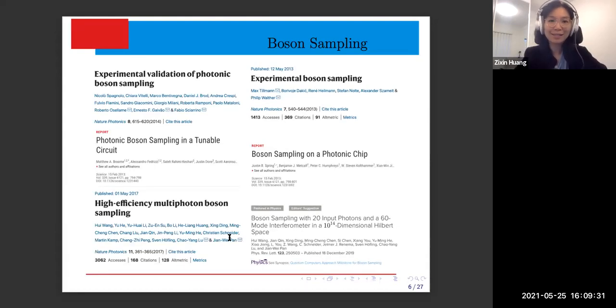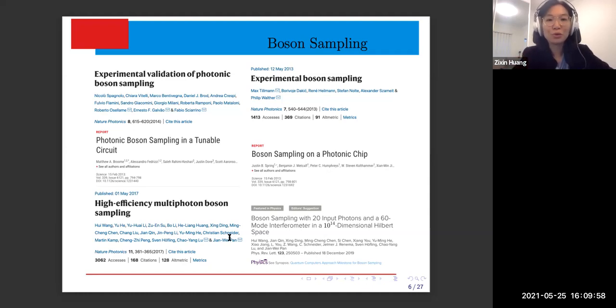Since the conception of the term boson sampling, every single major photonics group has been trying to do an experiment. It was very exciting at the time, and it's still very exciting, because it was the first time that we had proof that a quantum computer may have some post-classical properties.